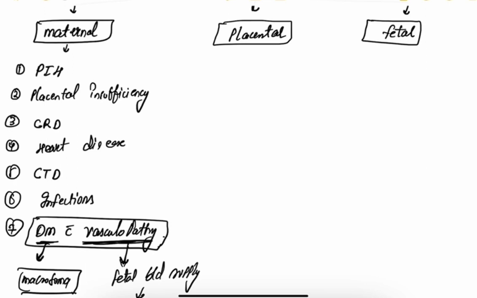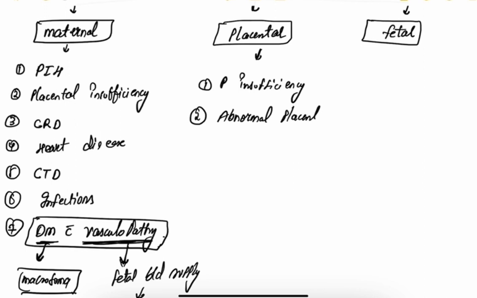So what are the placental causes of IUGR? First one is placental insufficiency. The placenta is not providing enough blood to the fetus for its proper growth, or abnormal placentation, or placental calcification.